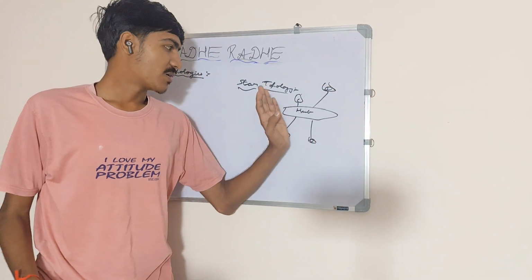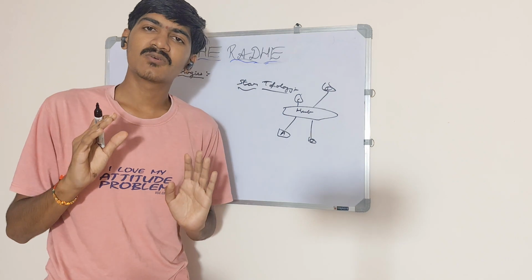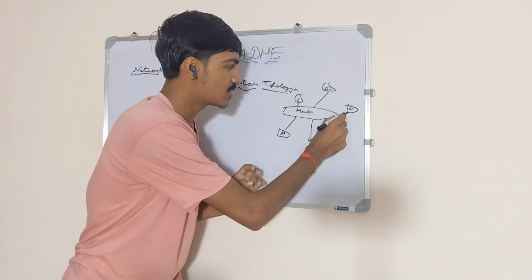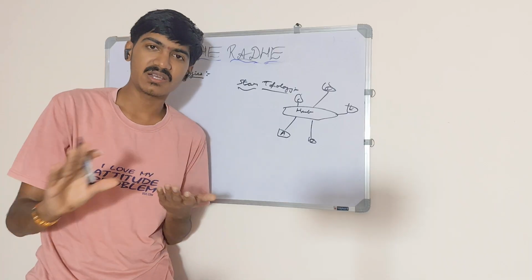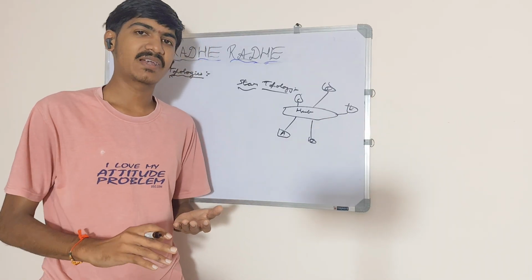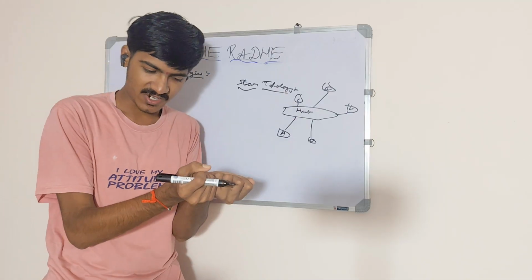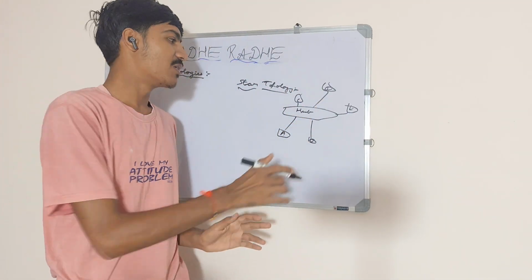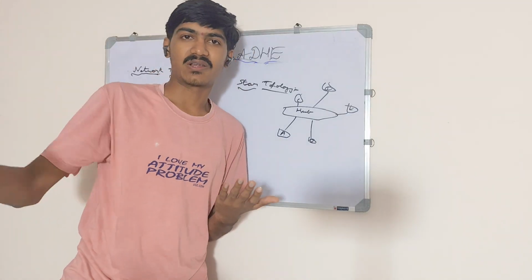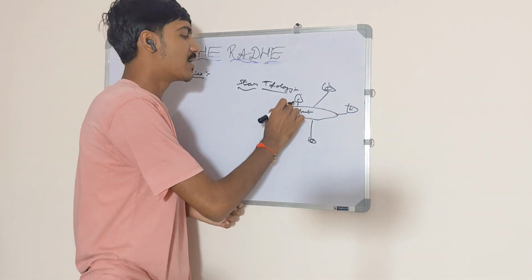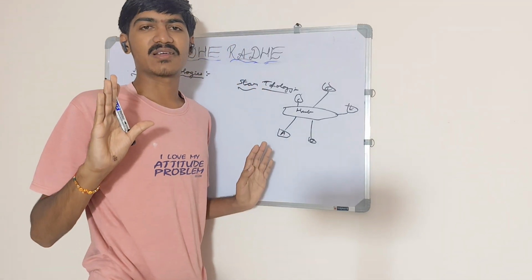Now, suppose we want to add a new device called E. What will E do? Just a single link, connect, finish, connected, successful, binding over. Not like ring, where you first break the existing link, then get the device, then connect these two links. No. Single link, connected, over. Right? Got my point? Addition of new devices is easier here.